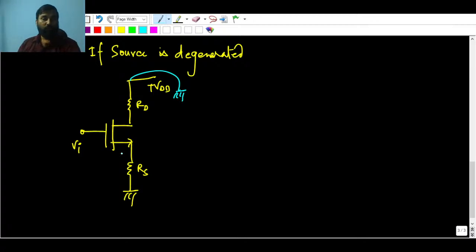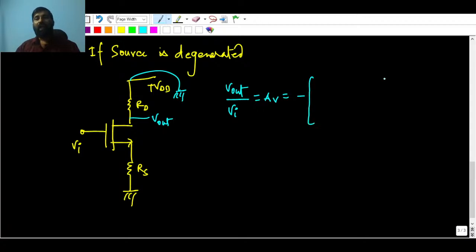So again here you have to calculate the output. Now tell me what is going to be the gain of this transistor. The voltage gain, again there will be a minus sign, and the gain basically depends upon the ratio of resistances.